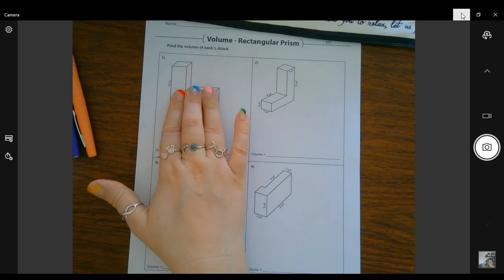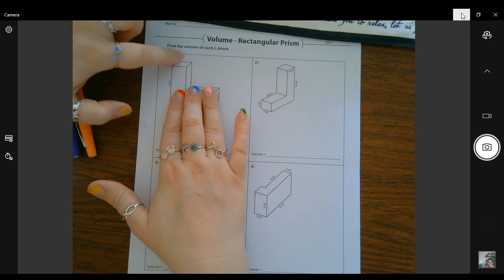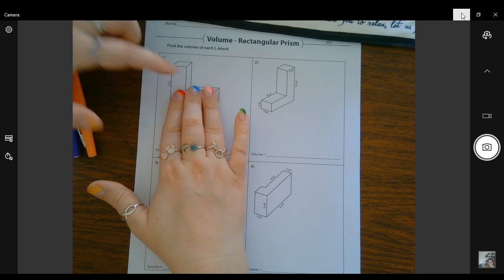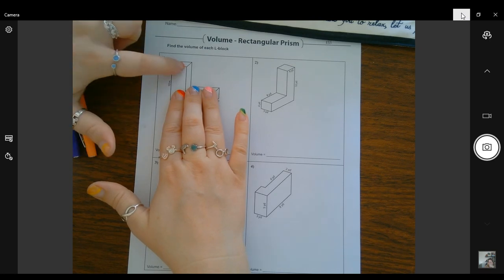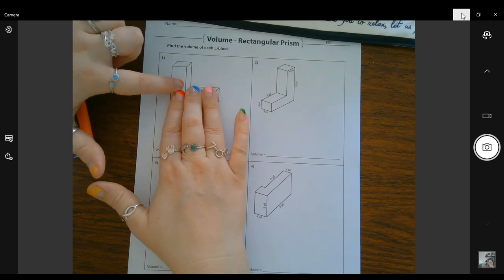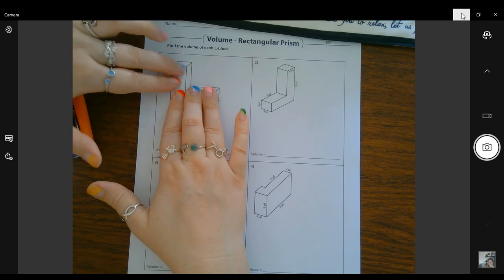And we're dealing with rectangular prisms, so the area of that base shape is a rectangle, so it would be length times width. So area of the base is length times width times the height. So for a rectangular prism, we could just simplify by saying that the volume is length times width times height, okay?